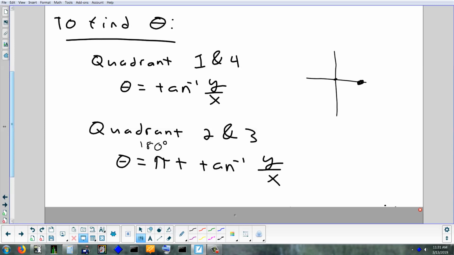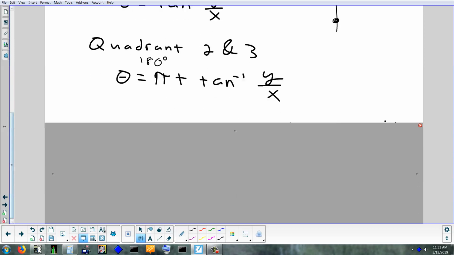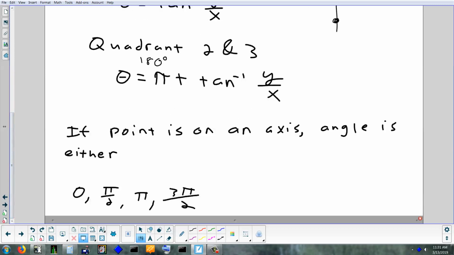Now, if you're here, what would your angle be? 0, sorry. How about if you're up here? 90. Over here is 180, and down here, 270. So if you're on an axis, you just have to remember those 4 numbers we just did. 0, 90, 180, 270.